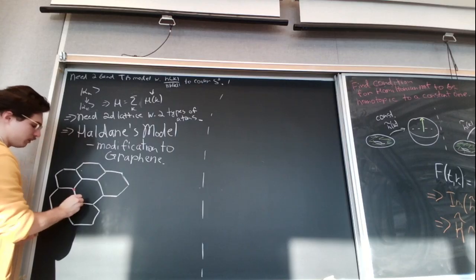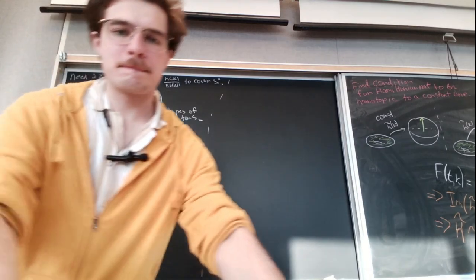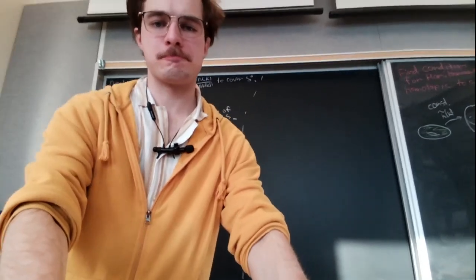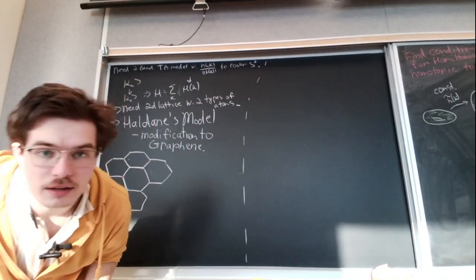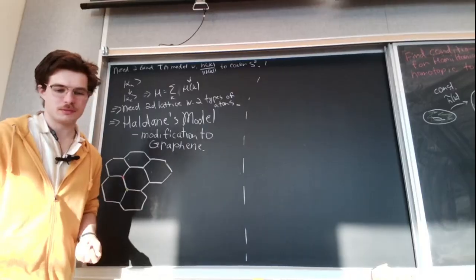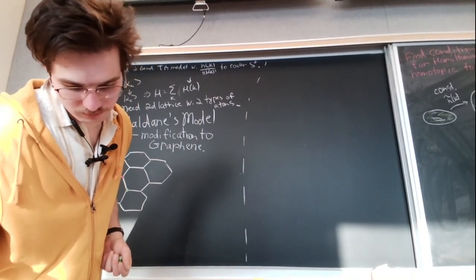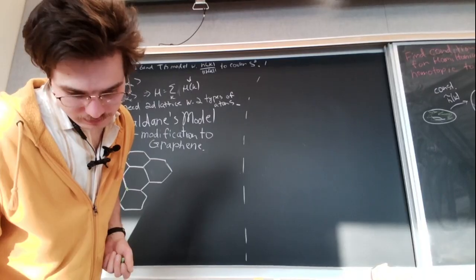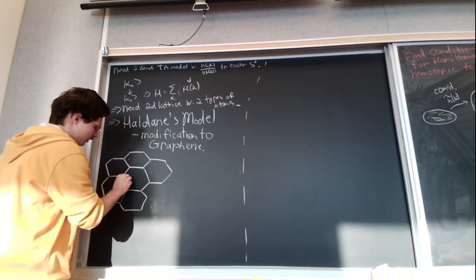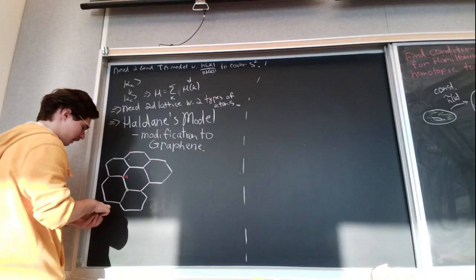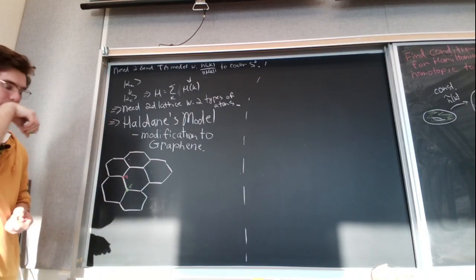These are my two types of atoms, right? These are my two types of atoms. So let's call the red ones A and the green ones B. A and B types of atoms.